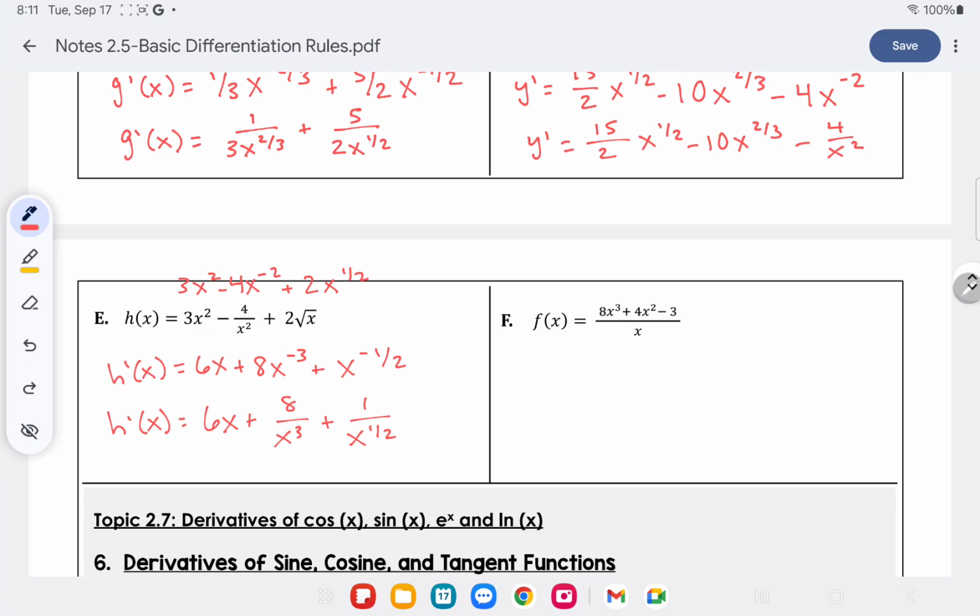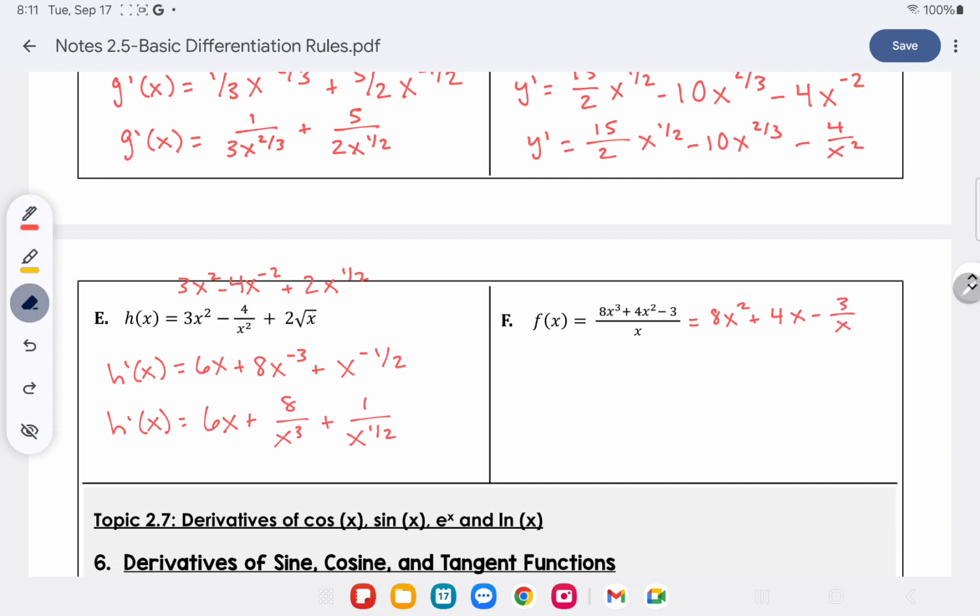And the last one, in order to use the power rule, I'm going to start by dividing each one of those terms by x. So 8x cubed divided by x would be 8x squared. 4x squared divided by x would be 4x. And then minus 3 over x.